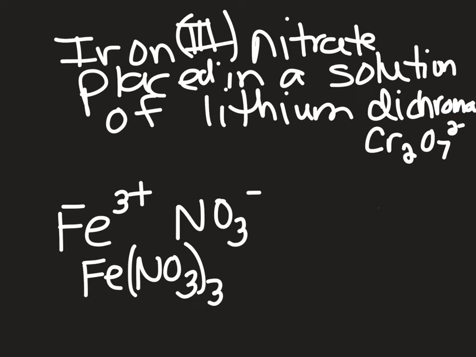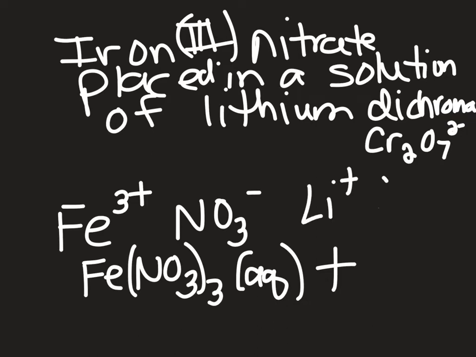All right, so now that we have our formula, I'm going to go ahead and start from here and say, hey, this guy's aqueous. And how do I know? Because the nitrates are always going to have the ability to be aqueous. Okay, next substance then. So our next substance, we have lithium, who's in family 1, and we've got dichromate, who's a 2 negative, and that comes from the bottom of your periodic table.